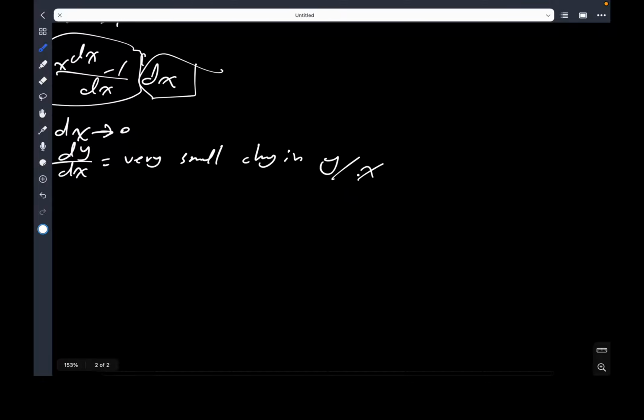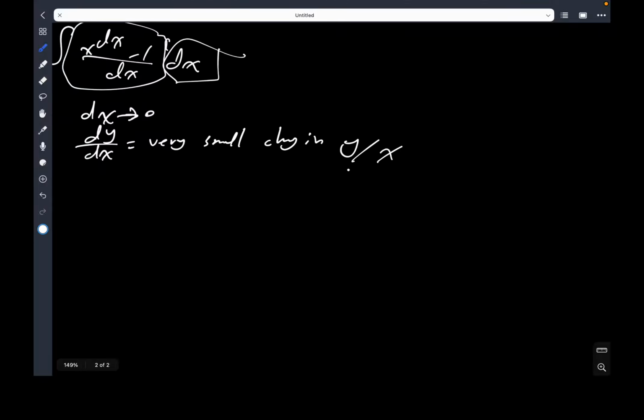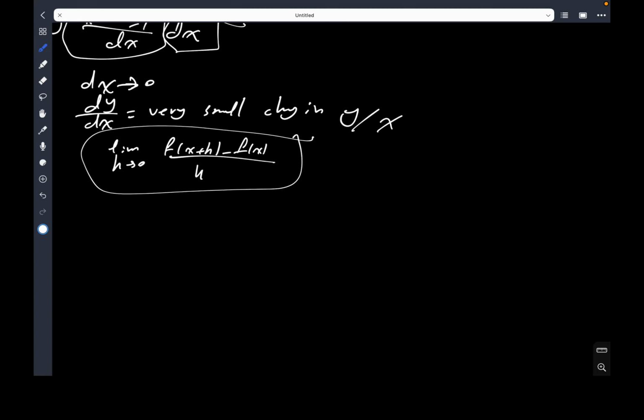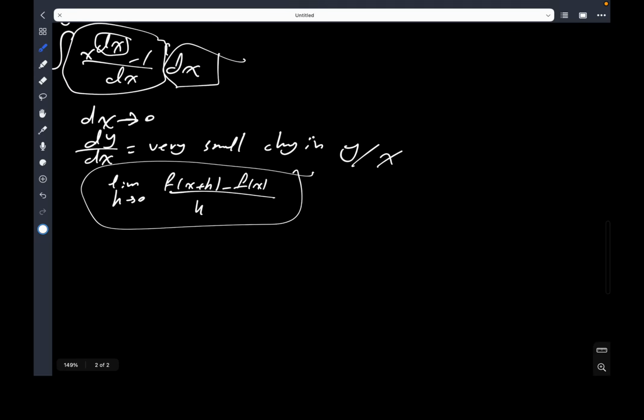So right now, if this is a very small number, such as if you remember these limits, h approaches 0, f of x plus h minus f of x over h. If you remember this, you remember that we had to remove the discontinuity of the limit, for example, the derivative definition of a limit, and then solve for it.